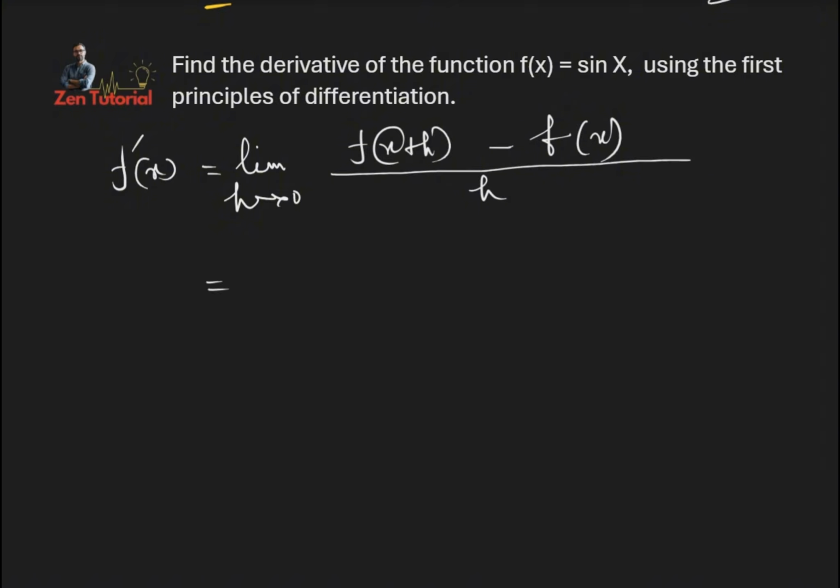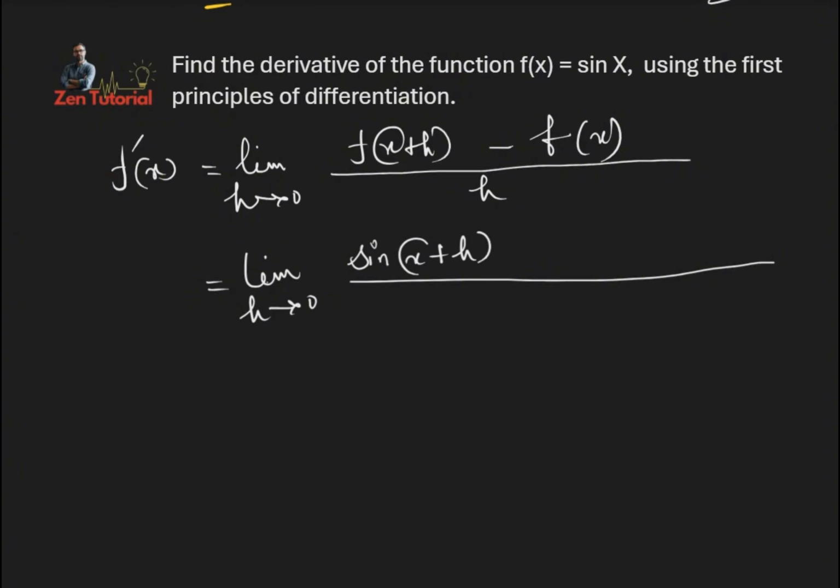This is the definition of first principle of differentiation. So limit h tends to 0. f of x is sine x, so f of x plus h means sine of x plus h minus sine of x over h.